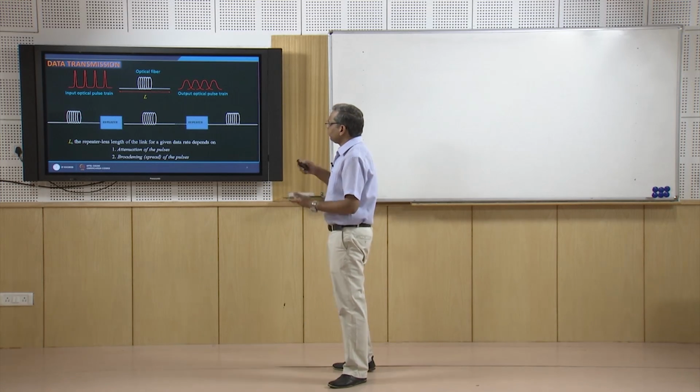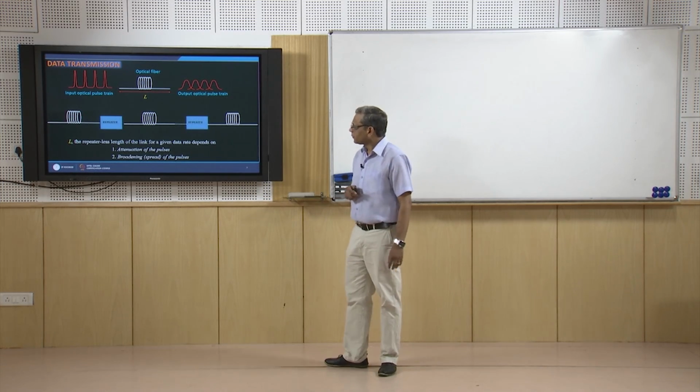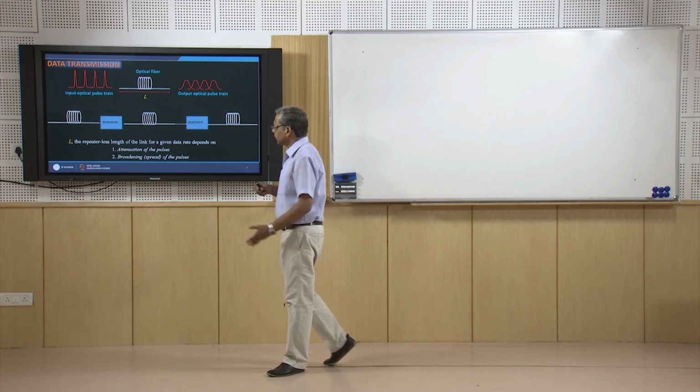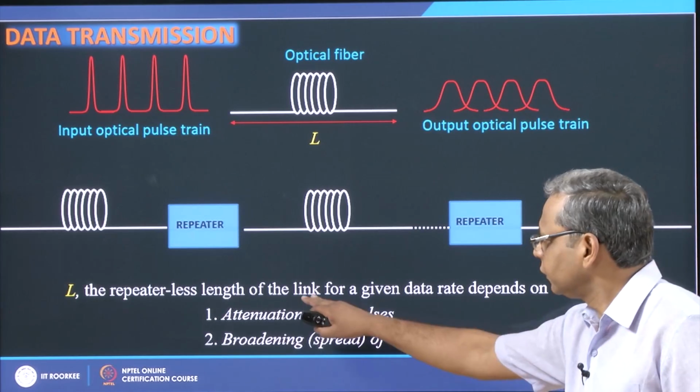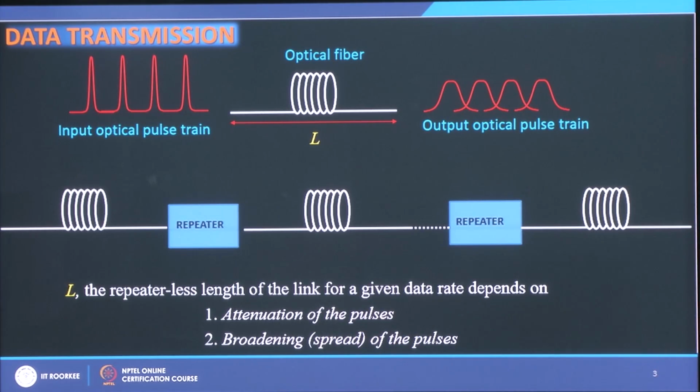So, I come back to this slide again, where we had seen that the repeaterless length of the link for a given data rate depends upon attenuation and broadening of the pulse.